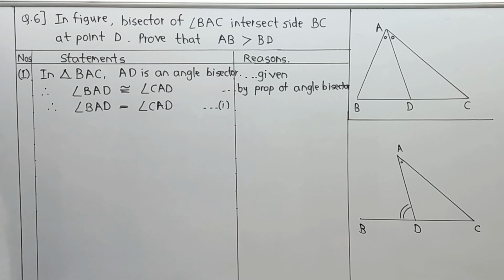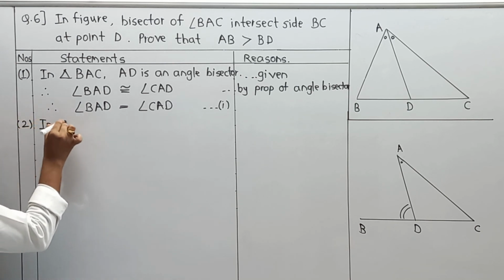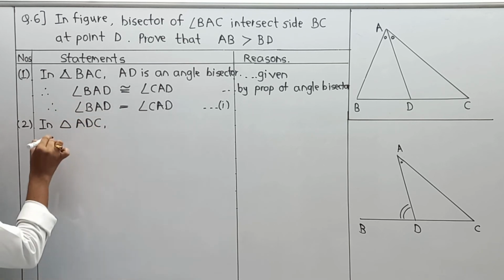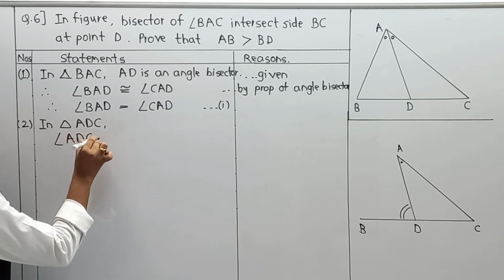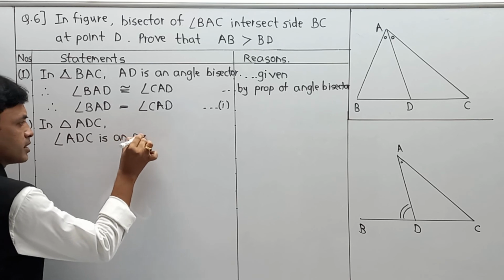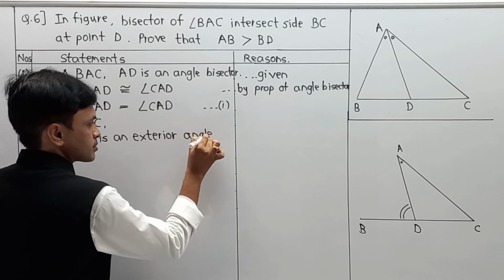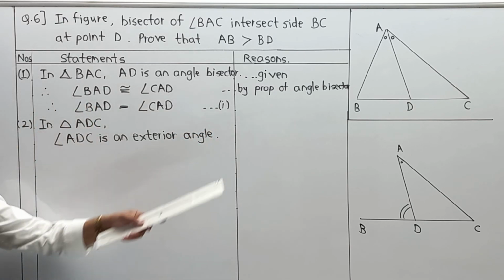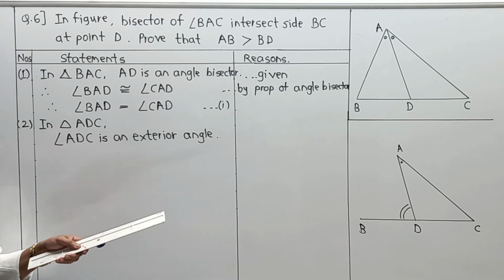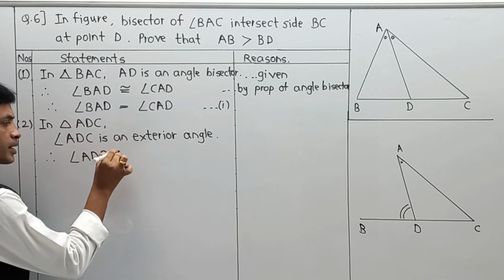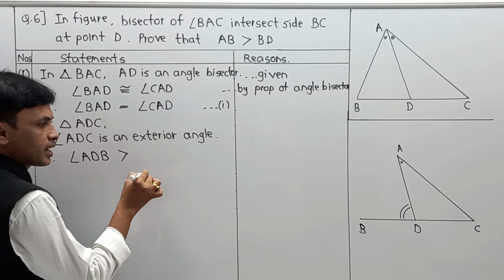Now in second, we are taking the property of triangle ADC and its exterior angle. So part 2, in triangle ADC, angle ADC is an exterior angle for triangle. Therefore, we are using the property of exterior angle for a triangle and angle ADB, and the part is, therefore, angle ADB is greater than angle CAD.